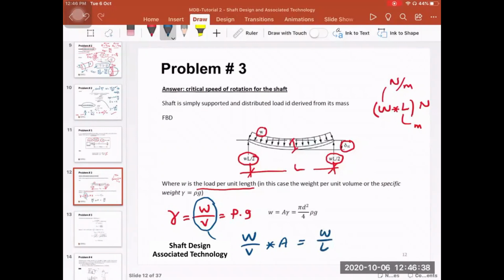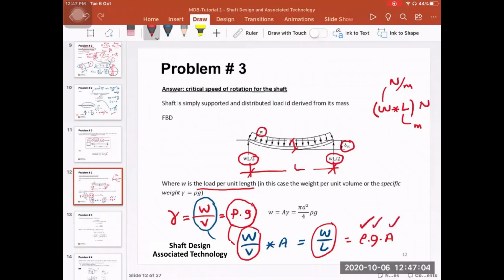So eventually what we can do, we can just simply take this value here, replace this value by rho G. So it is going to be rho G times the cross-sectional area is W over L. So the weight per unit length is eventually equal to the density of the material multiplied by the gravitational acceleration multiplied by the cross-sectional area.